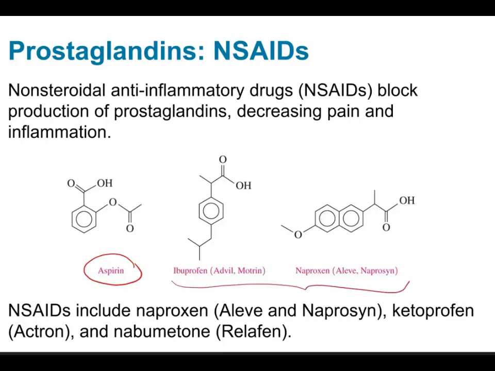Ibuprofen and naproxen are used mostly as painkillers, and they reduce inflammation as well, while Tylenol, acetaminophen, that for some reason is excluded from the picture, is very good at blocking pain sensations.